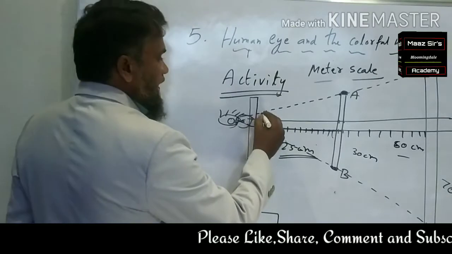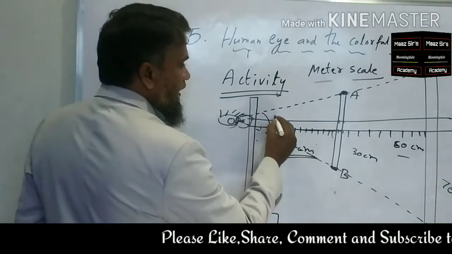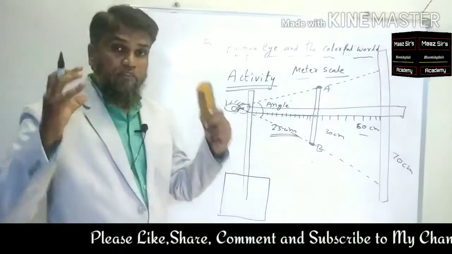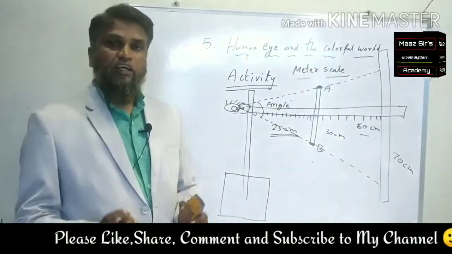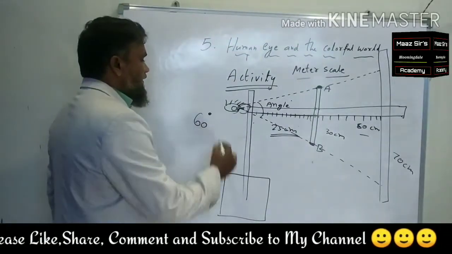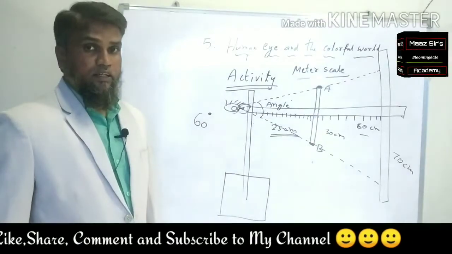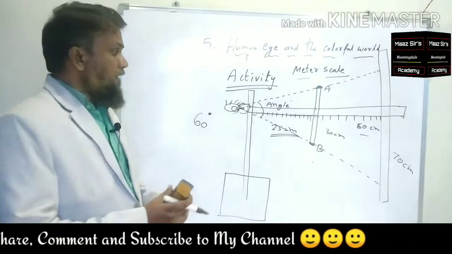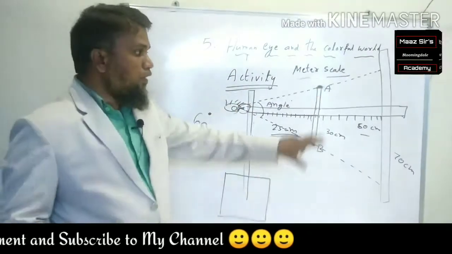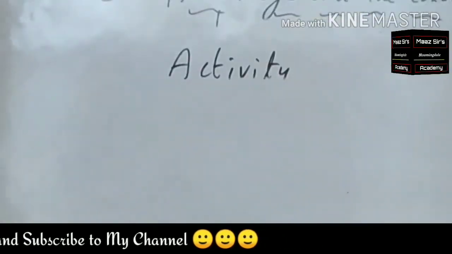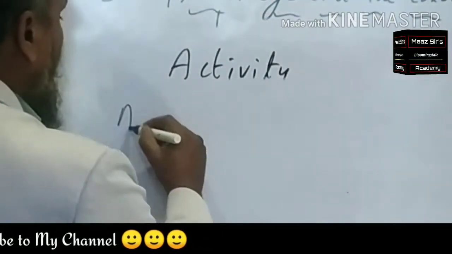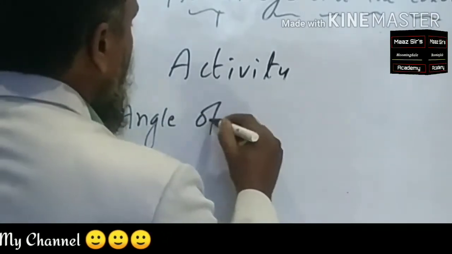So when the light rays are coming into the eye, they are making an angle. So what is the value of this angle? Generally for a healthy person, this angle is 60 degree. So if the angle is 60 degree, then we can see the whole object. So here you have to remember that the angle formed is known as angle of vision.